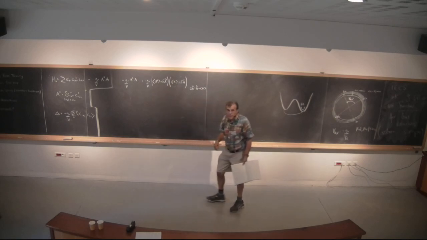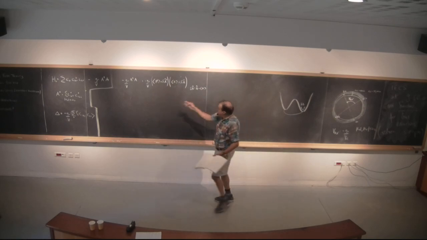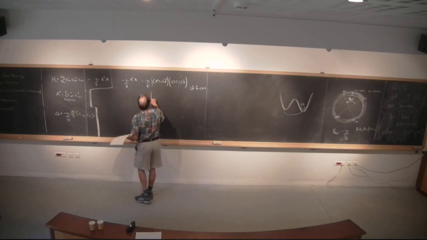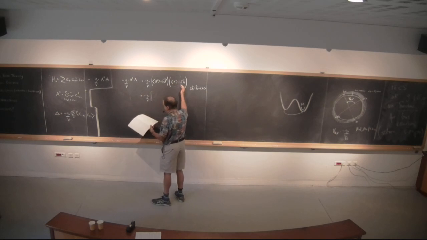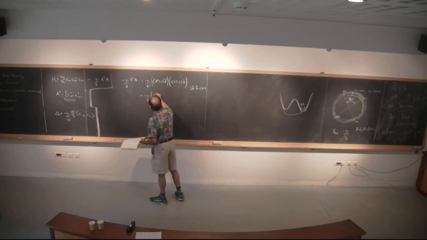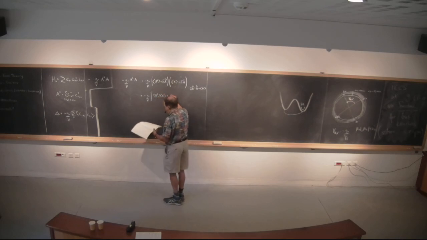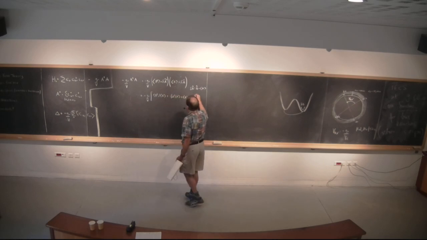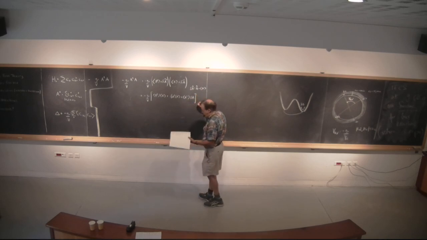So now we're going to expand this thing out as a first term, which is just all the terms except the delta A squared. So we have, and then the leftover term.